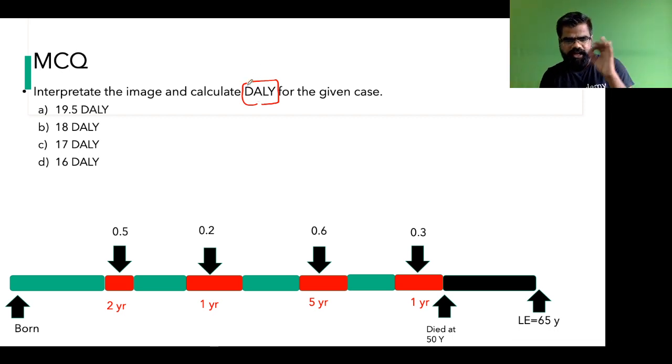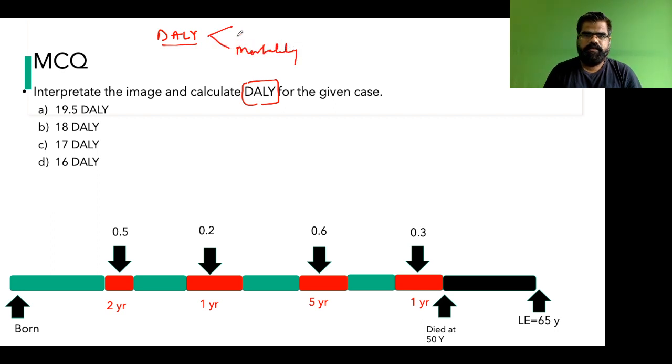Now DALY, whenever the word DALY comes, what do we think? Okay, DALY, disability adjusted life years. So years lost due to disability, years lost due to death. This is the simplest way we remember DALY. But let's make it more simple. DALY measures two things, students.